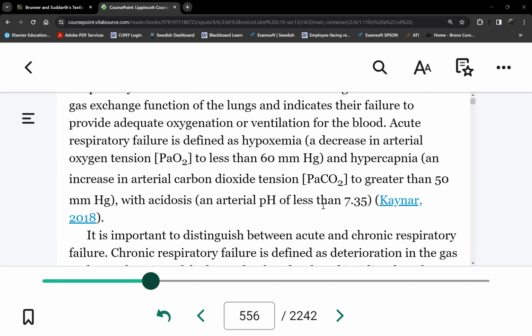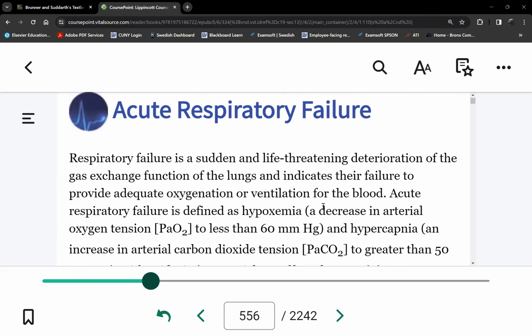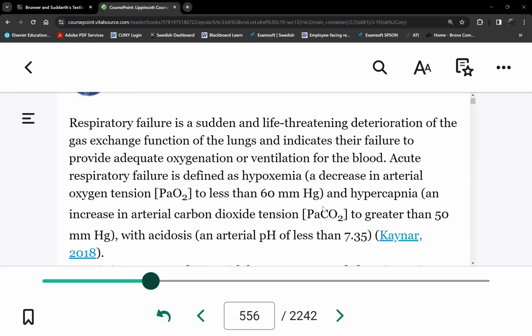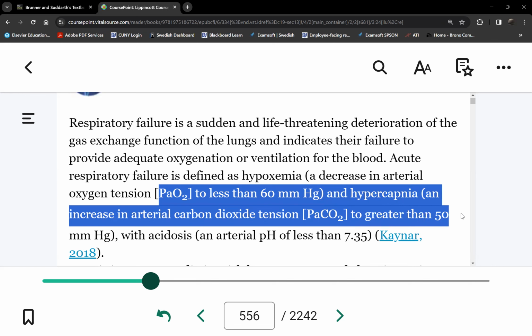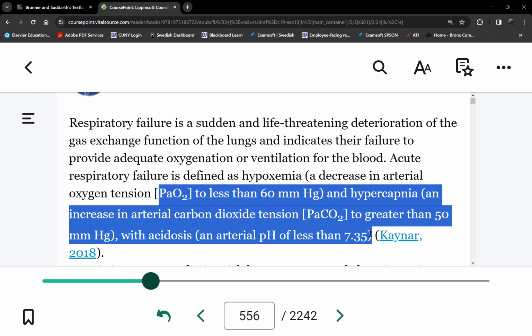No. PaO2 less than 60, there's no way your oxygen saturation could reach 90, correct? Again, I repeat, you are in respiratory failure, regardless of the cause, if your ABG shows a PaO2 of less than 60, a PaCO2 of over 50, and a pH of less than 7.35. You are in respiratory failure.